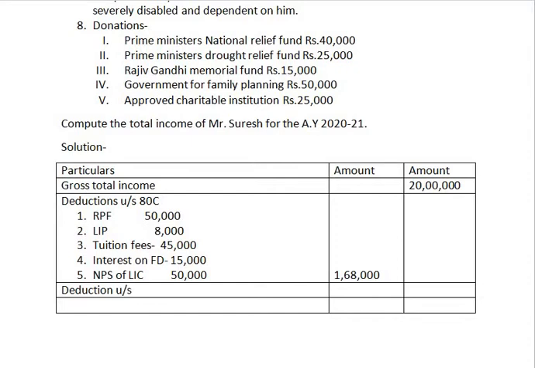Deduction under section 80C is 1,68,000 or 1,50,000, whichever is less.